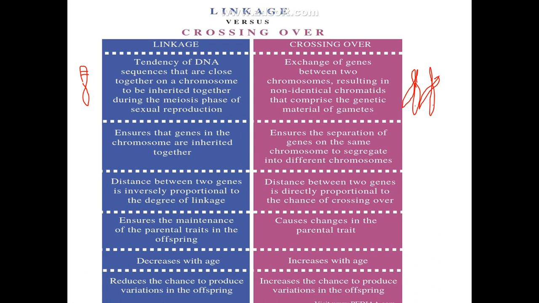But when there is a crossing over, two genes get swapped between two different non-sister chromosomes. So I get a recombinant which is exactly different from my parent. My genes are shuffled here. This is the difference between linkage and crossing over.